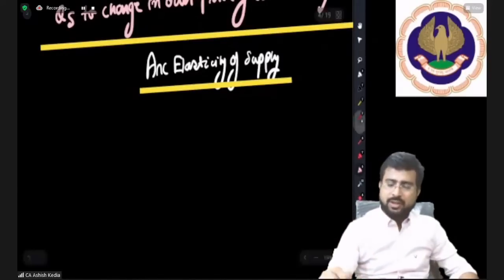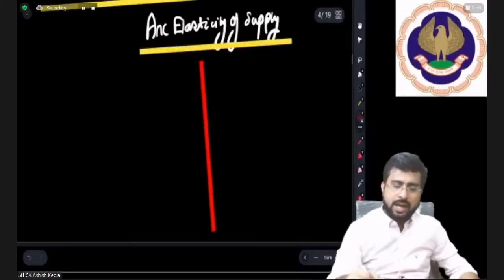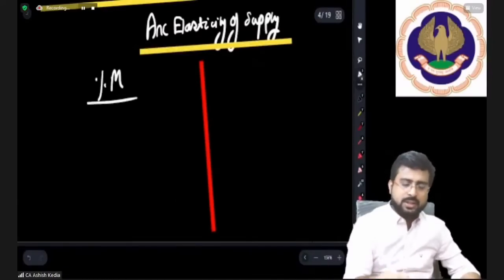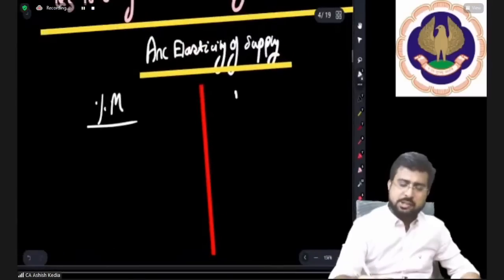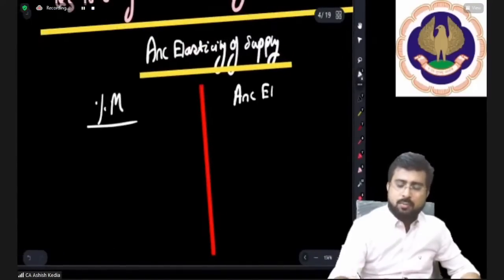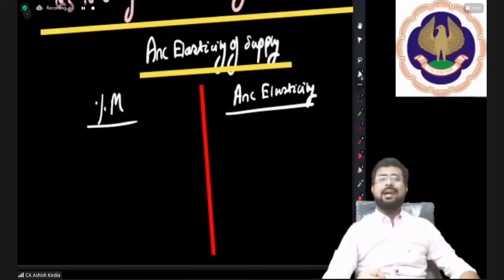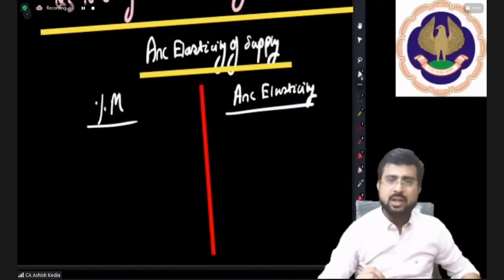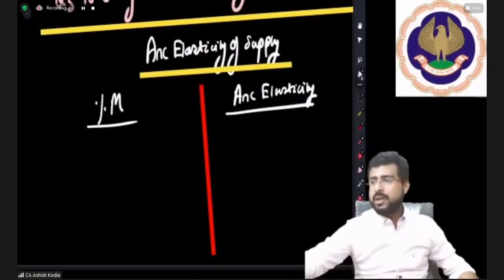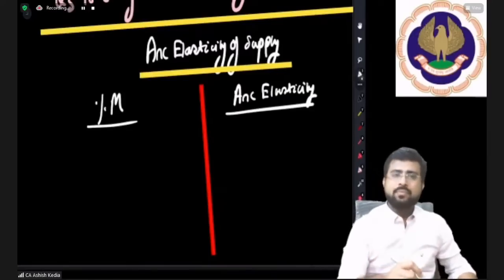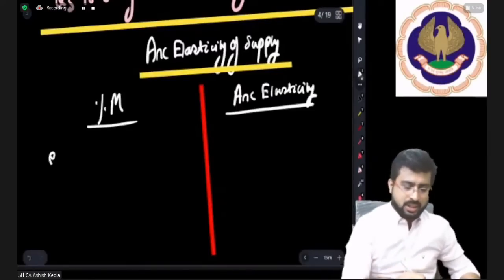Whenever I want to explain arc elasticity, I will remind you of the percentage method. Here it is the percentage method and here it is arc elasticity, almost the same. Under the percentage method, how did you calculate elasticity of supply?